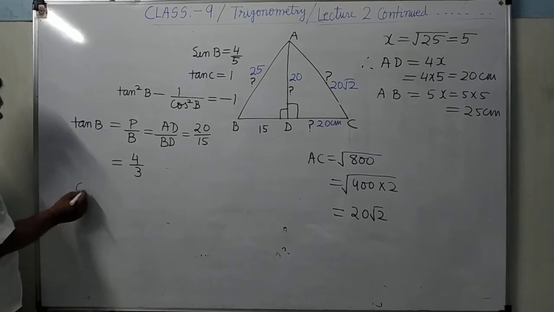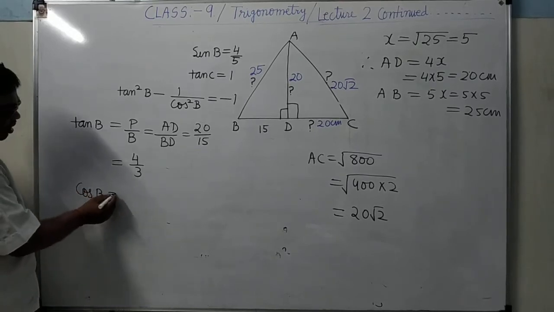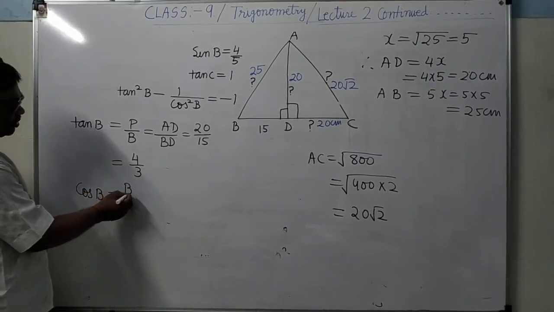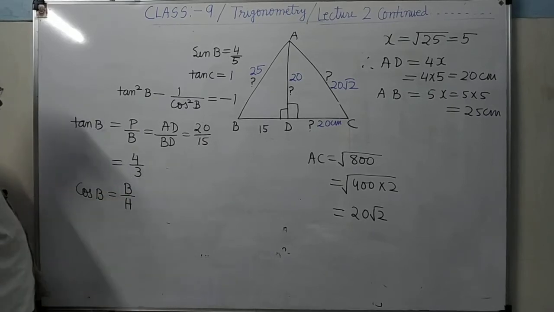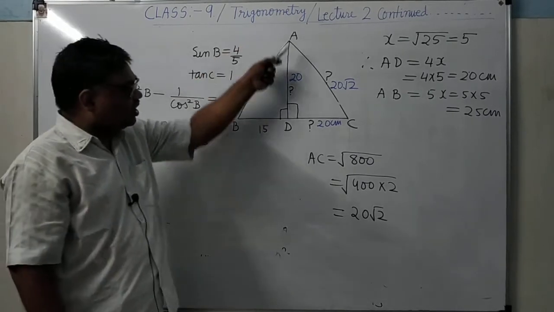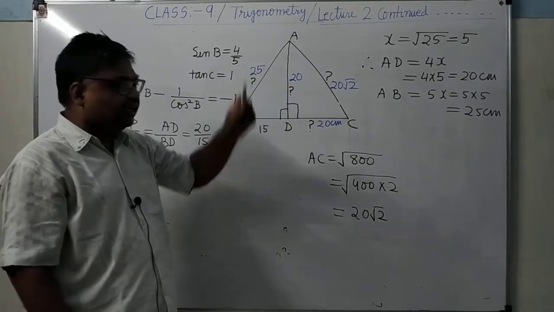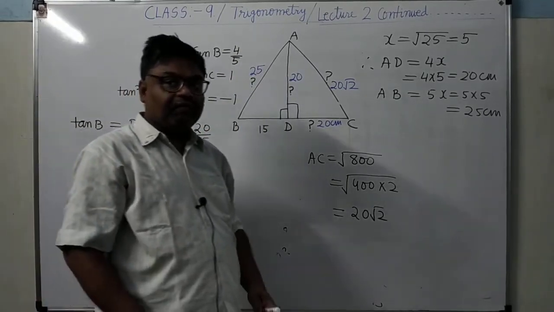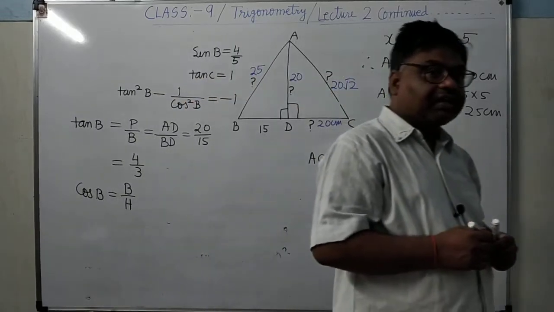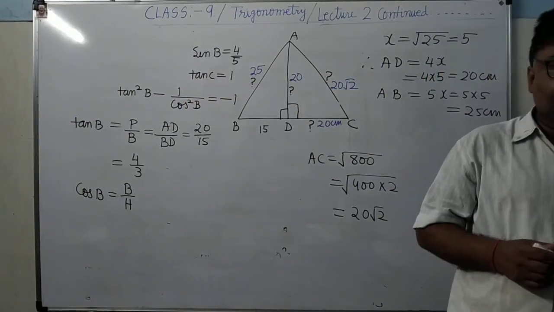Then cos B. Cos B equals base upon hypotenuse. Cos B also you will see in the same triangle, because B is an angle of the right angle triangle ADB. It is clear?